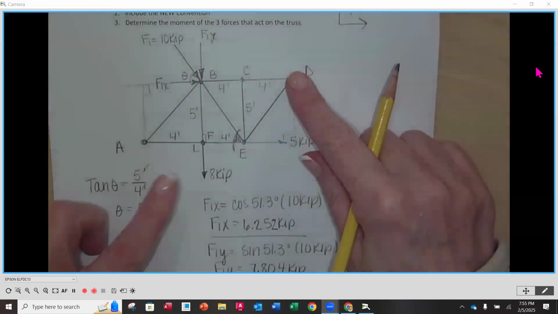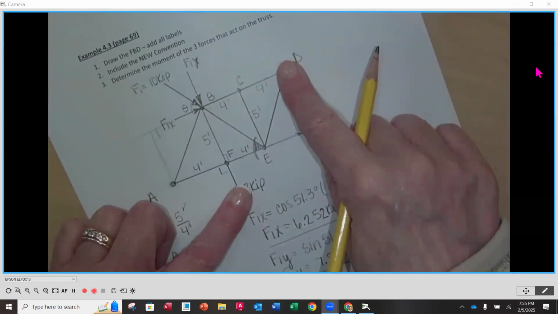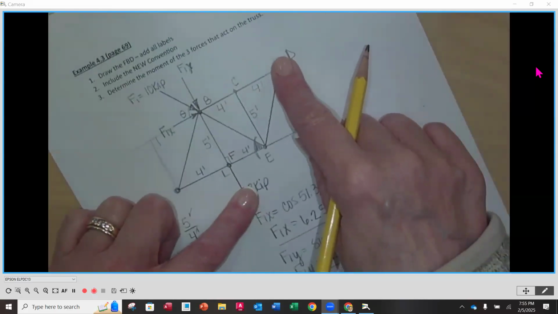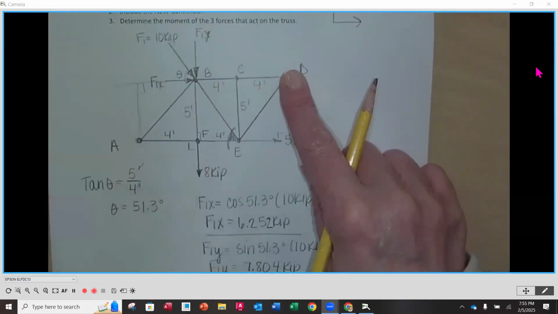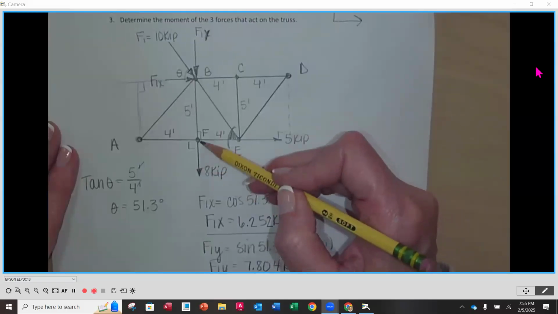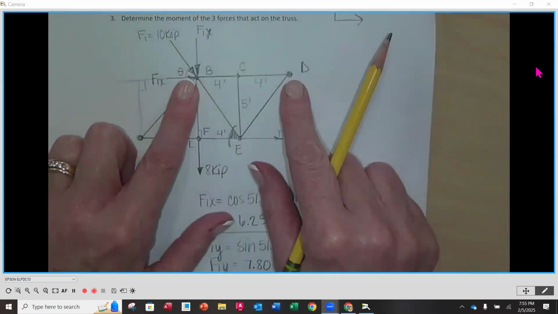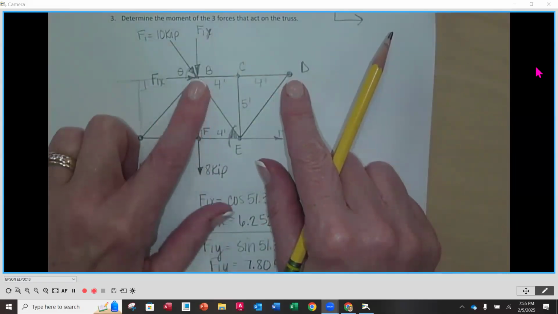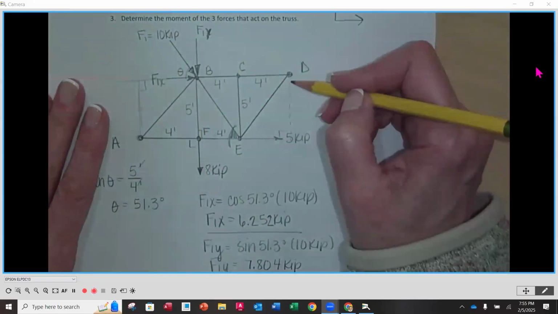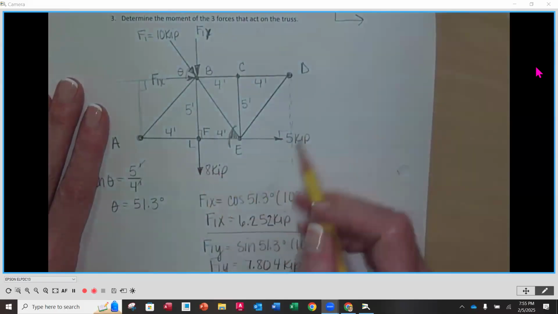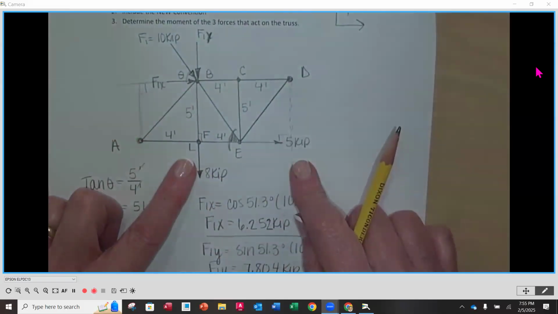All right, the next one. Put my finger on D. I'm going to pull in the direction of the 8 kips. This also is causing a rotation. So if I back this up all the way, D is here. If I go this way and I back this up, what's my perpendicular distance from D to where the 8 kips would be? If you come straight down here, this is my perpendicular distance. What's that distance? 8 feet.